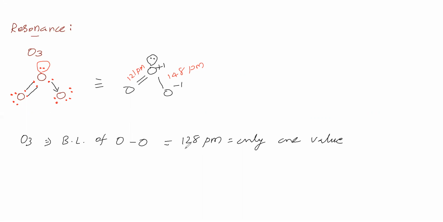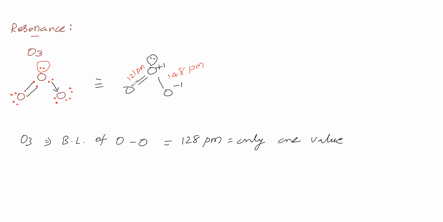This experiment says that the bond length is lesser than 148. Here a single bond is not possible; greater than a single bond is possible. Single bond means 148, but the experiment says 128. That indicates this is not a single bond. It is greater than a single bond because this length is less than that.